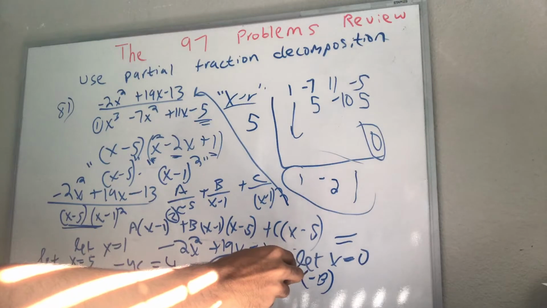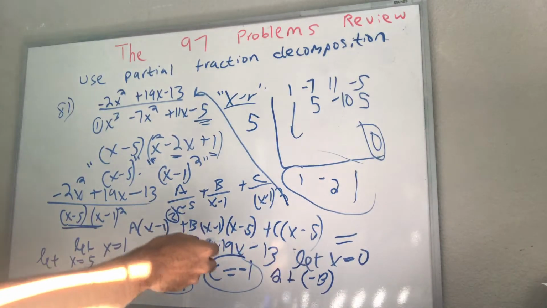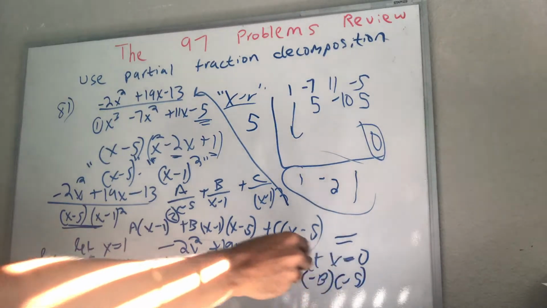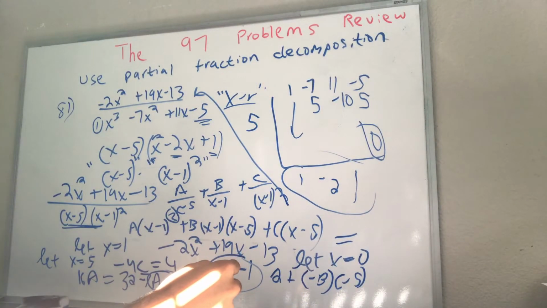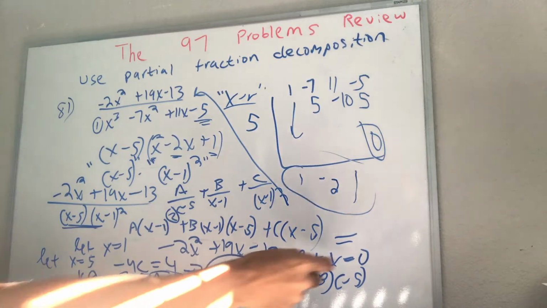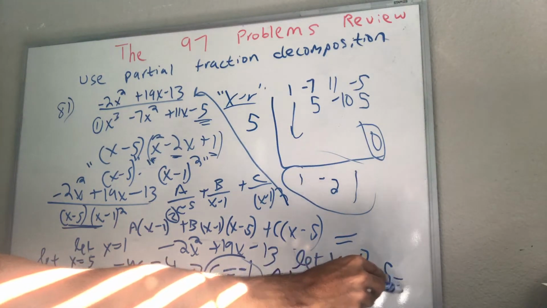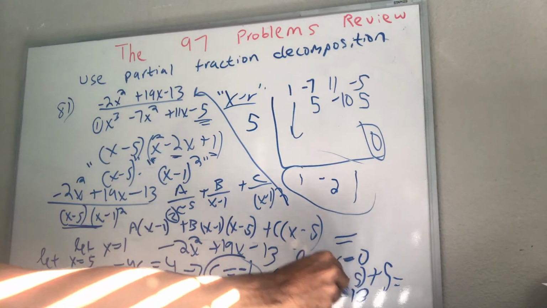And then we're looking at negative 5 here. So we have negative 5. And then we have plus 5 is equal to negative 13.